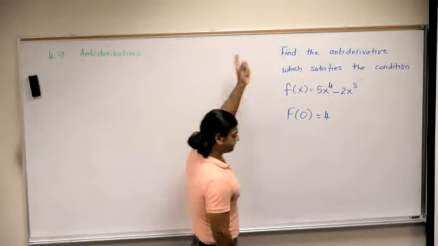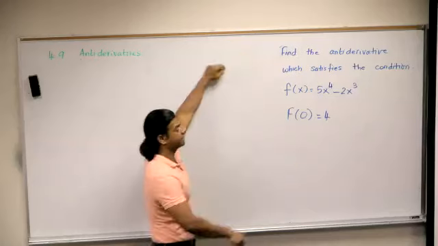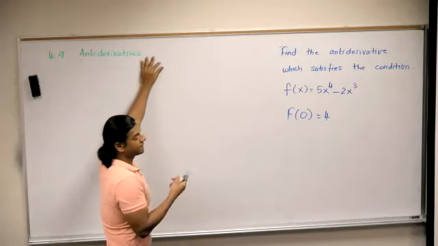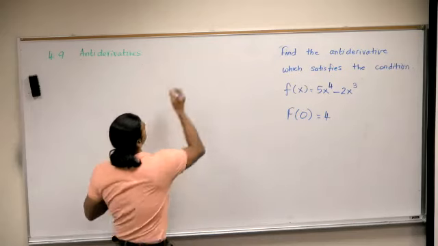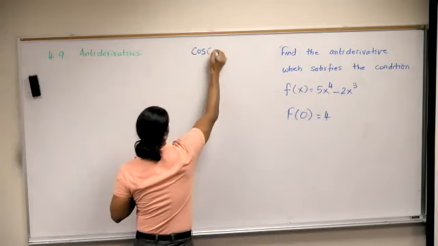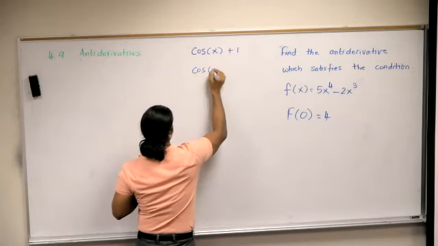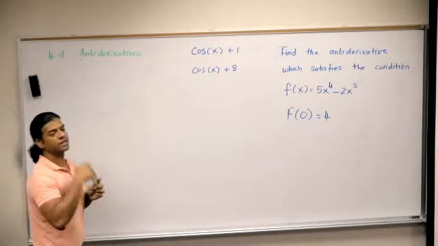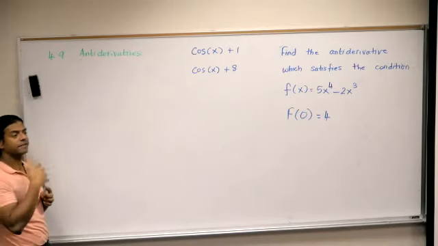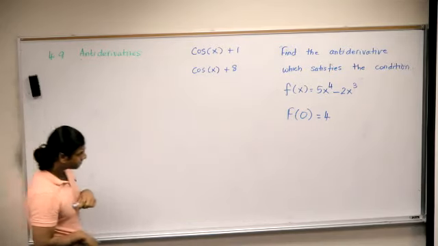Ready? So the purpose of putting a constant of integration is that the answer is not unique. If I have both of them, when you take the derivative, will give you the exact same answer, negative sine x, right?